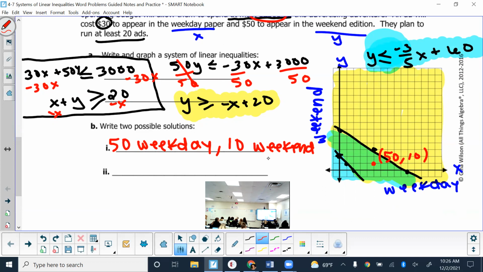So 10 weekend ads. What's another coordinate that's in this area? I think I heard 6, 2, and that does work. It's right here on the solid line. So 60, 20, that would be 60 weekday and 20 weekend. All right, any questions?